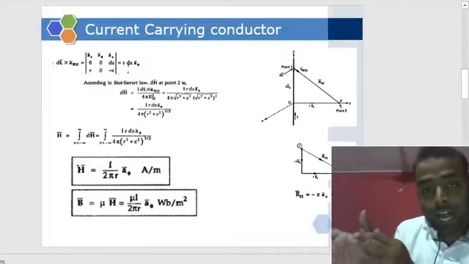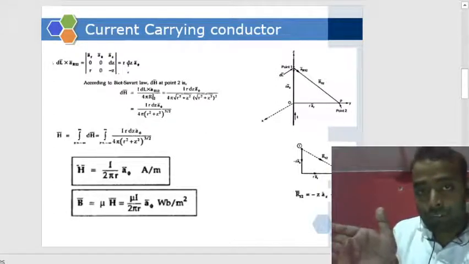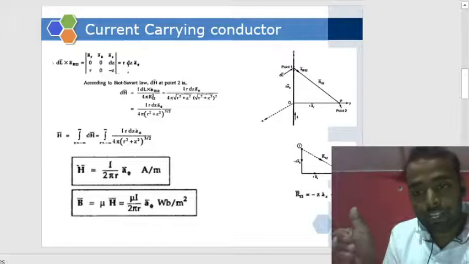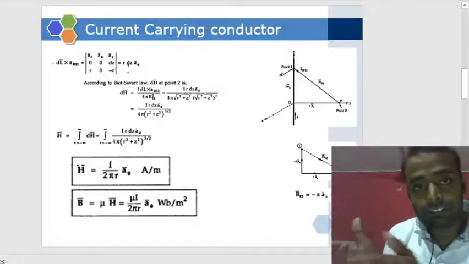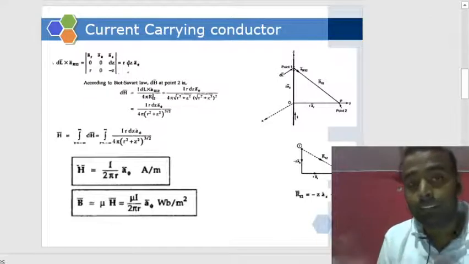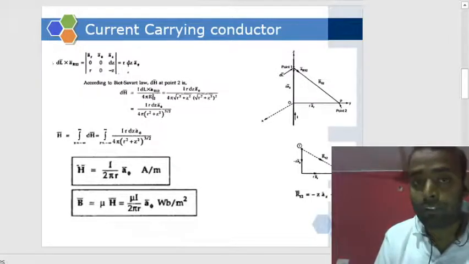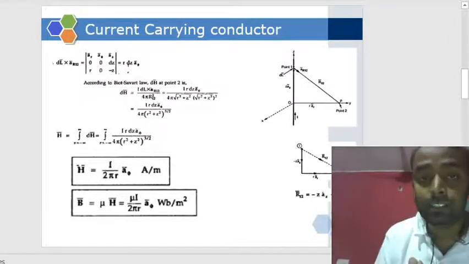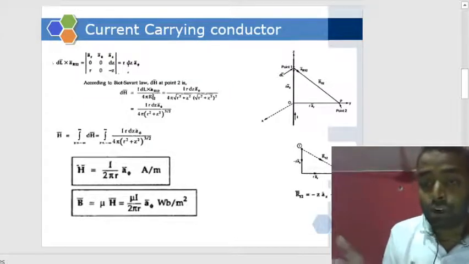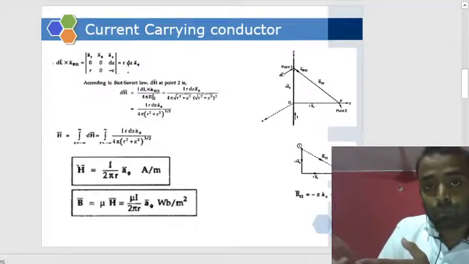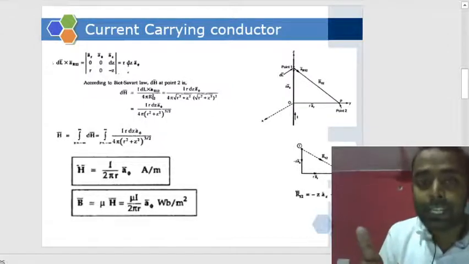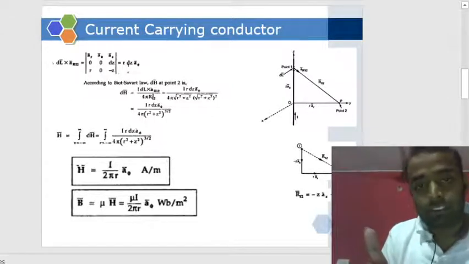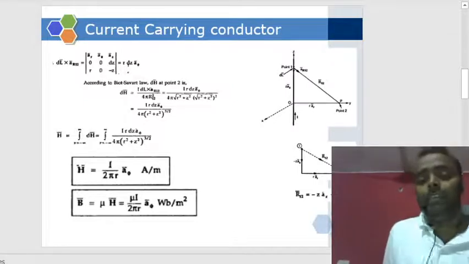And the direction of rotation of my finger will indicate the direction of the flux, the direction of the field, isn't it? So that will be what, clockwise or anti-clockwise? It will be anti-clockwise. Fine. So the direction we can determine.